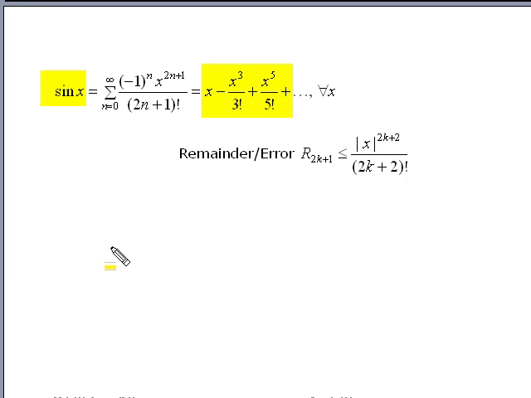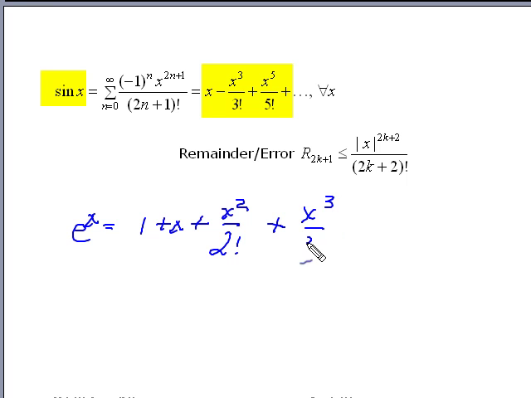Note its similarity to e to the x. So here's e to the x: 1 plus x plus x squared over 2 factorial plus x cubed over 3 factorial plus x to the fourth over 4 factorial.